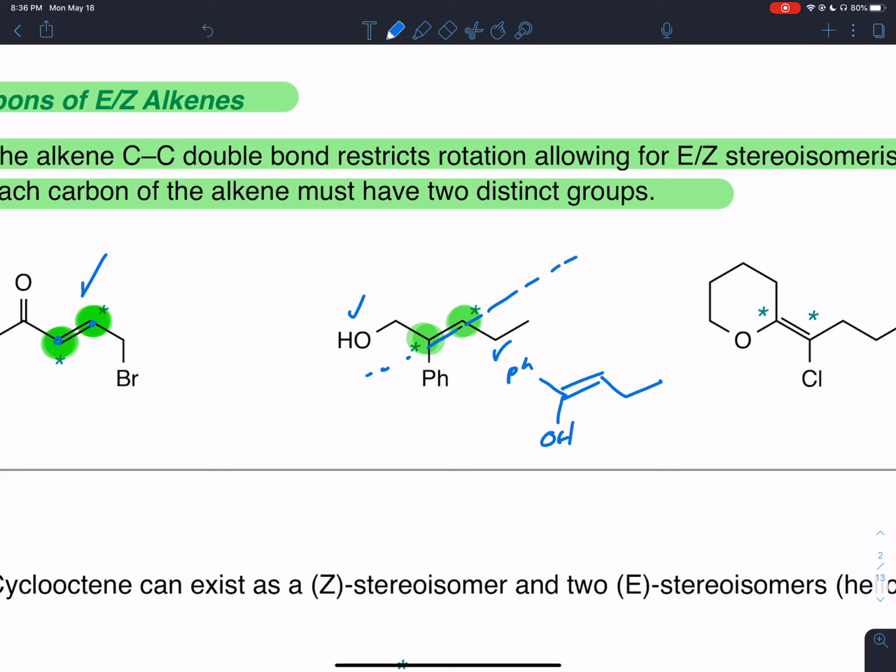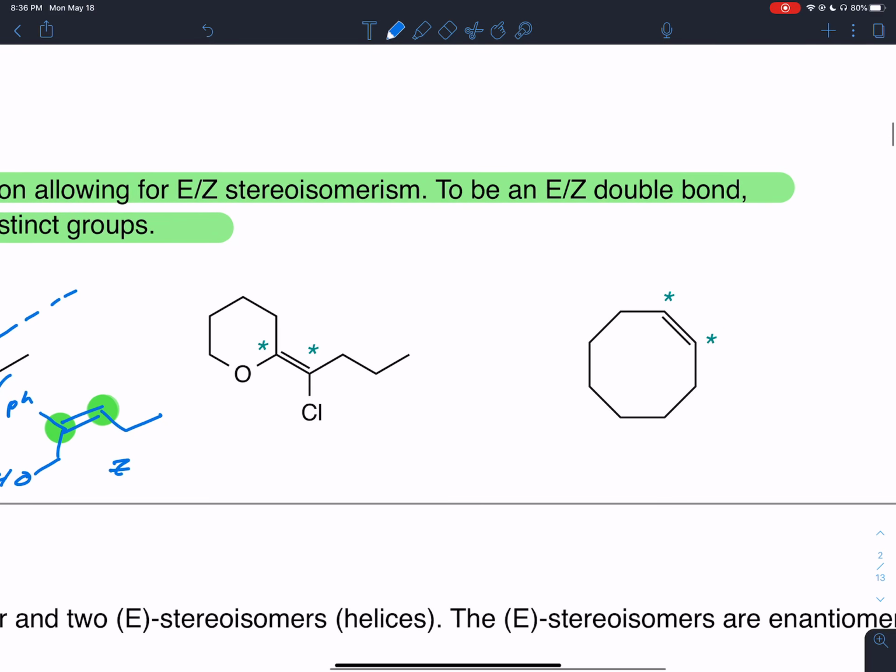For right now, I want you to understand that as long as each of the carbons of the double bond have two distinct groups, we can classify the double bond as E or Z, and there is stereoisomerism. We can have an E isomer, and we can have a Z isomer. Whoops, that should be a CH2OH. Sorry about that.